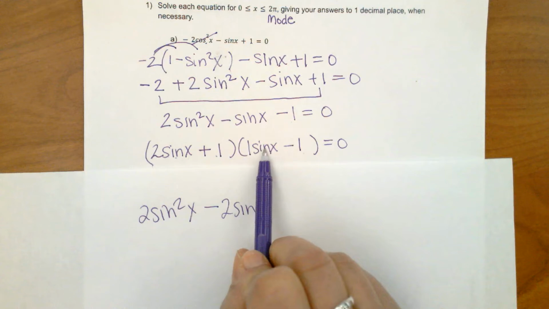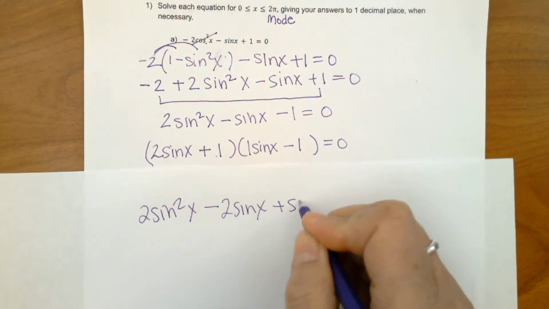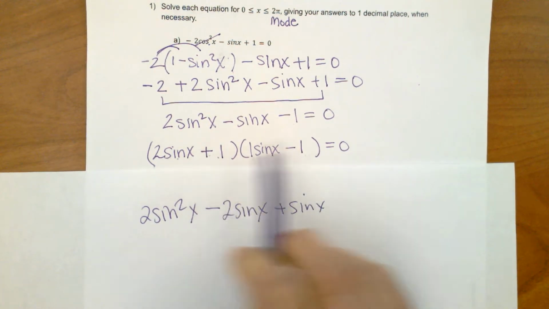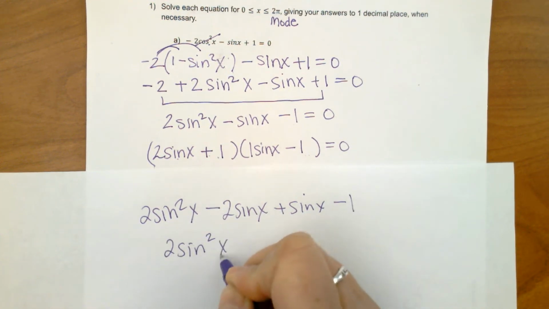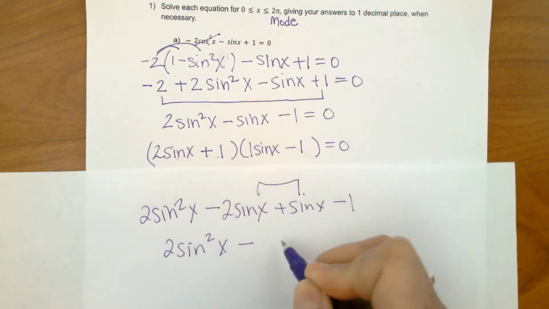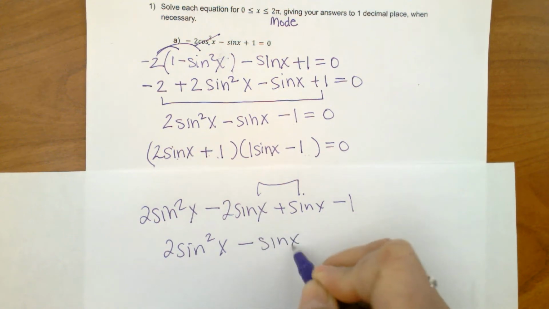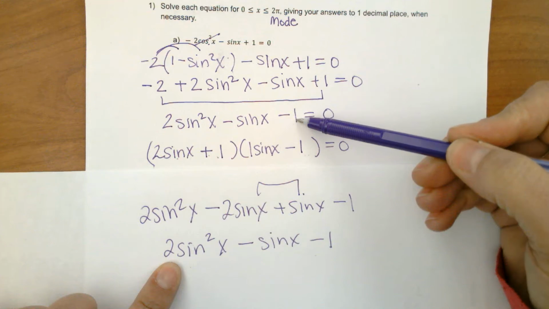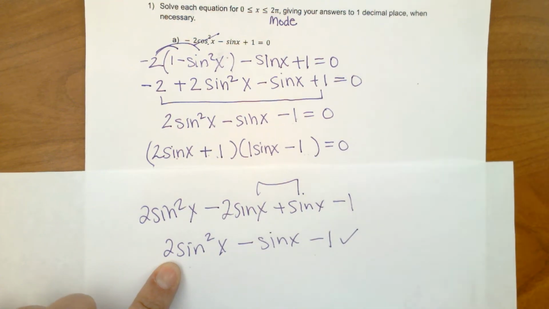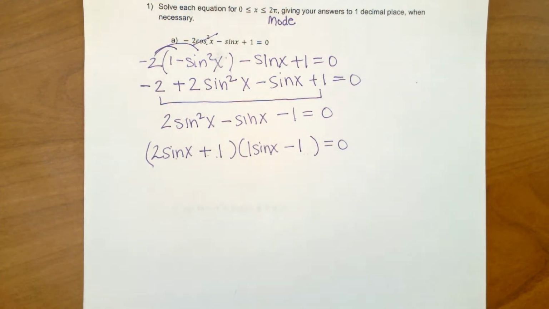Then in the middle, 1 times sine x, plus sine x. And then the last, 1 times negative 1, negative 1. So I come away with combining these two, minus sine x minus 1. I just want to check, is this the same as this? And definitely it is. So I did factor correctly.